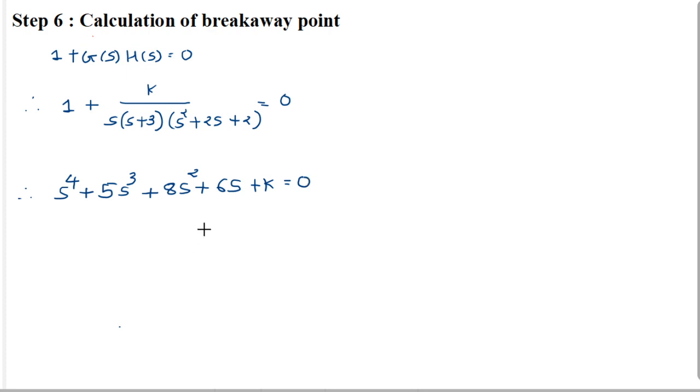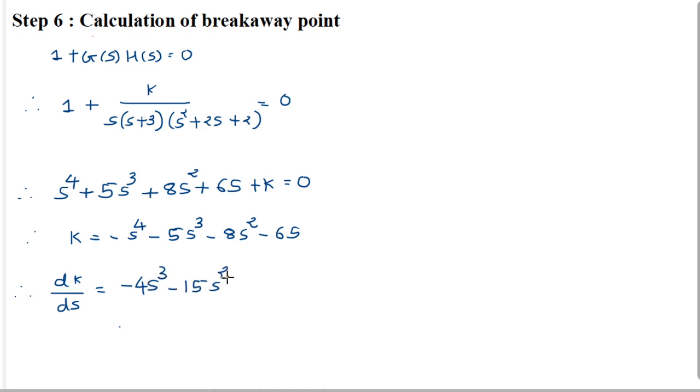Now to obtain the breakaway point, we make k the subject, that is k equal to minus s raised to 4 minus 5s cube minus 8s square minus 6s. Now differentiate k with respect to s, that is minus 4s cube minus 15s square minus 16s minus 6, and equate to 0.